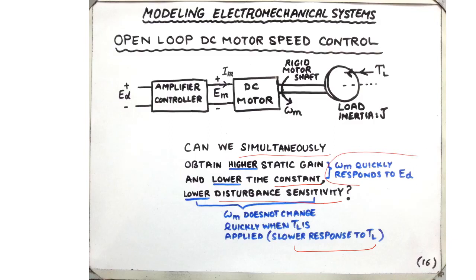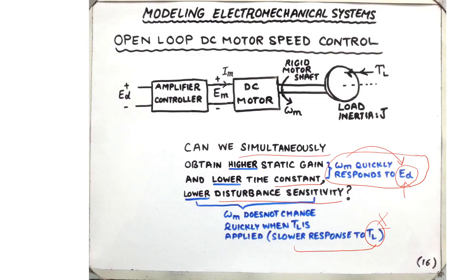The other requirement is that we want our motor to be more responsive to the input. So this ED is a good guy, and we want our motor speed to be more responsive to ED, and this is a bad guy, TL. So we don't want our motor speed to change much when there is external disturbance torque.